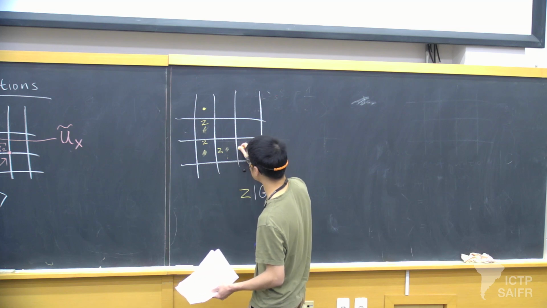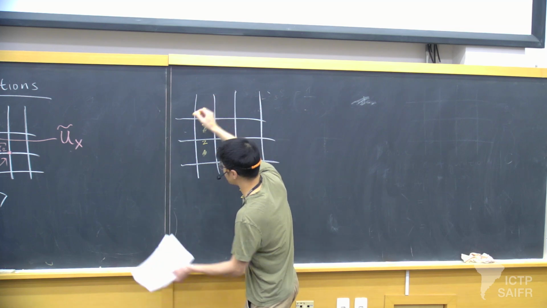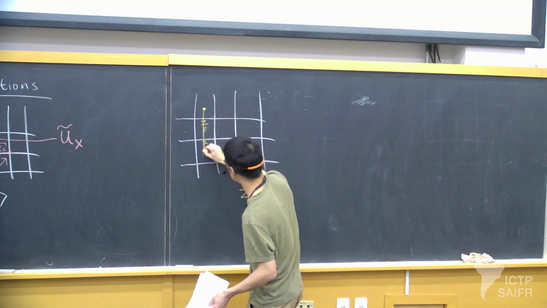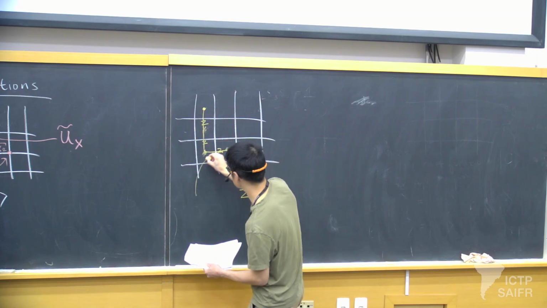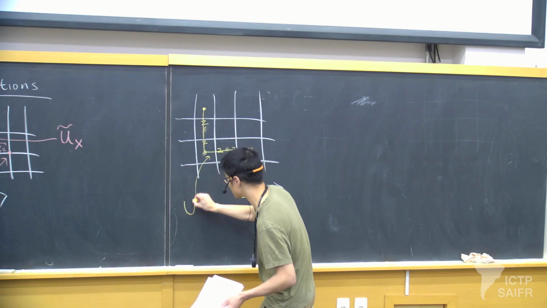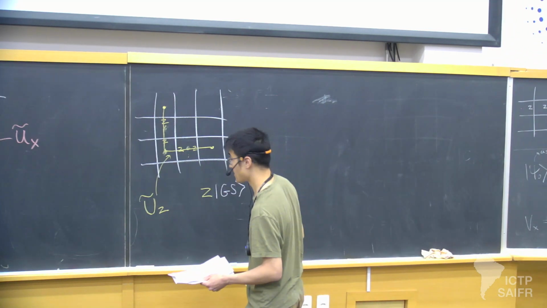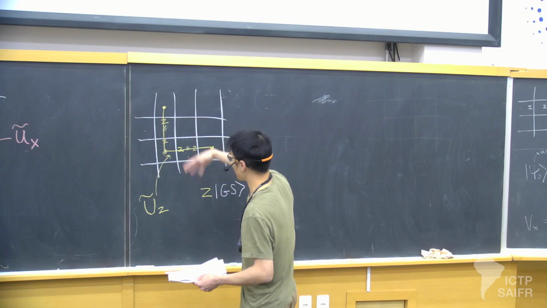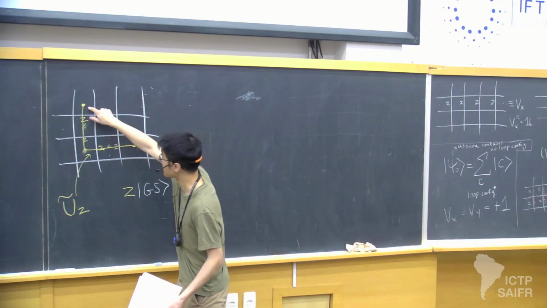I can hit it with another Z, this will hop it over here. Okay, so I can consider similar strings of Z's. And now let me call these string operators U_Z tilde. And as before, they'll create pairs of excitations at the endpoints.